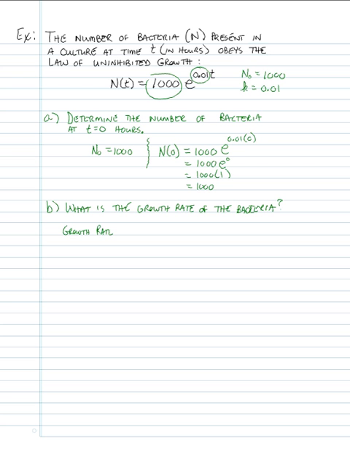Growth rate is the k times 100. And see, that's going to give us a percent. Multiplying by 100 is giving us the percent. Well, in this case, k is 0.01. And when we multiply that by 100, that gives us 1. 0.01 times 100 is 1. So the growth rate is a growth rate of 1%.